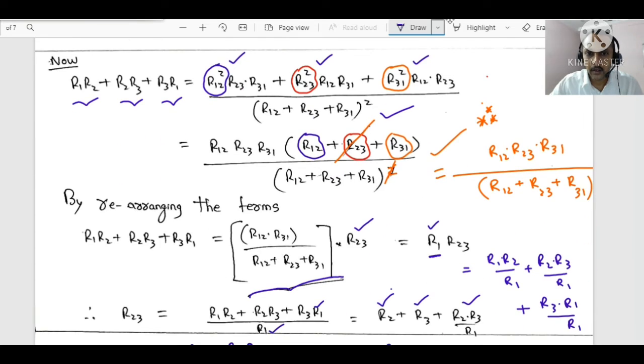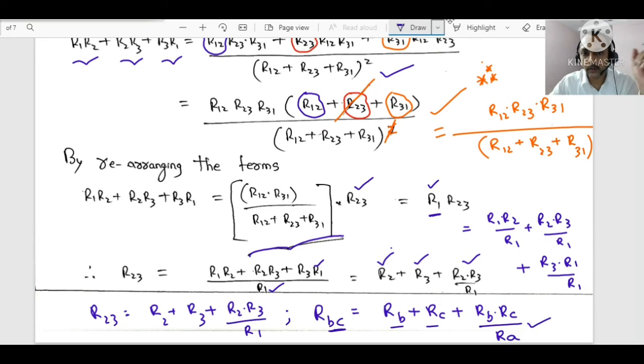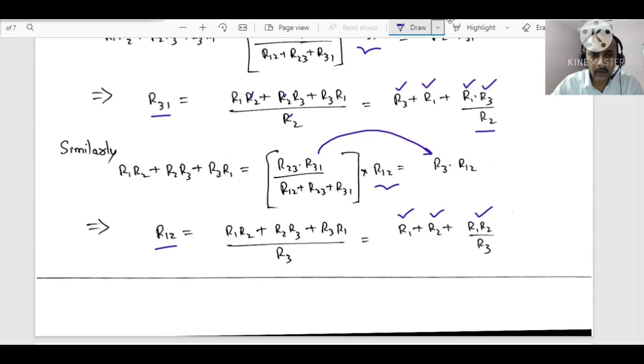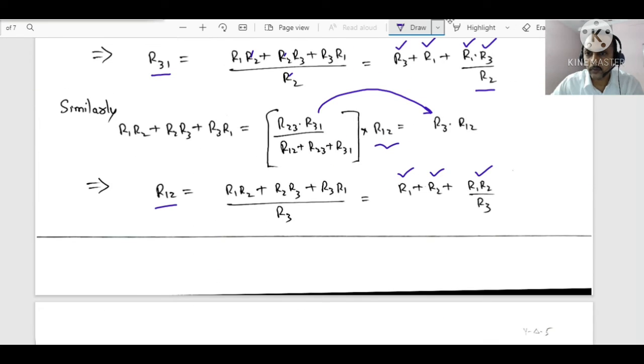In the fourth step, you take out the common R12 R23 R31. In the denominator, one of the terms will get cancelled out. Clear? So this is the main equation. Once you get that equation, just by rearranging the terms, you can easily find R23, R31 and R12.